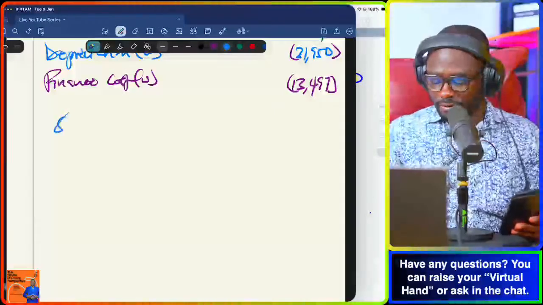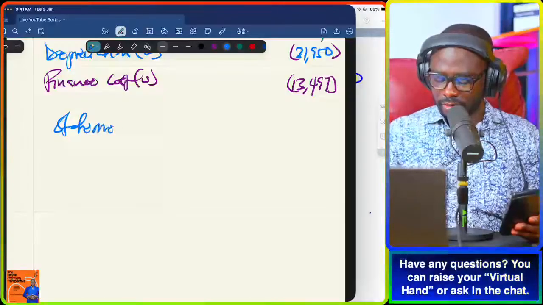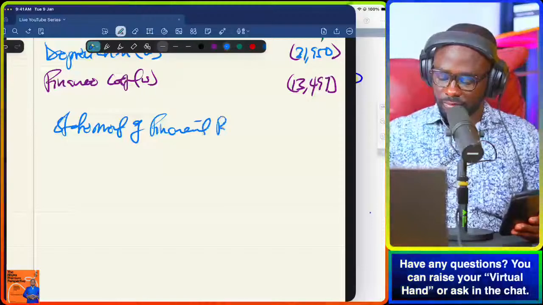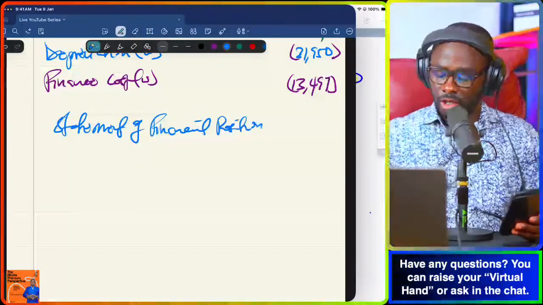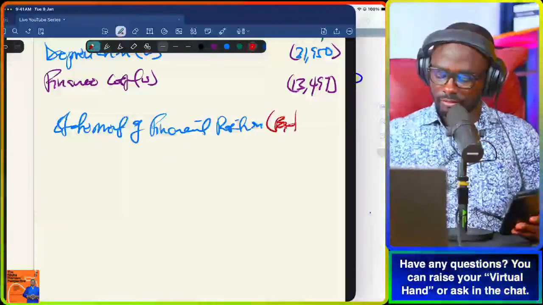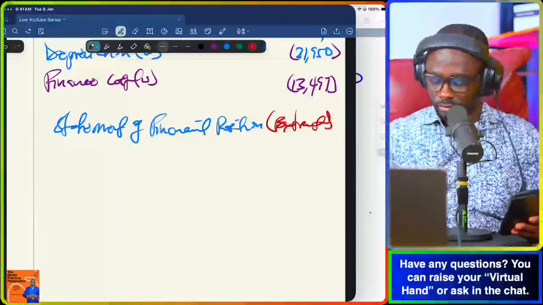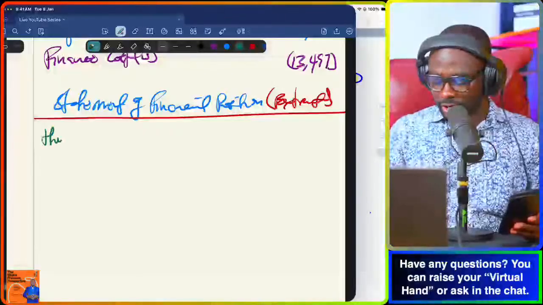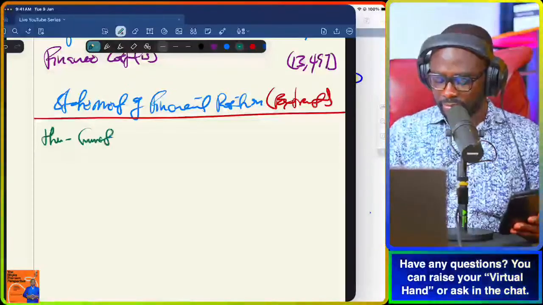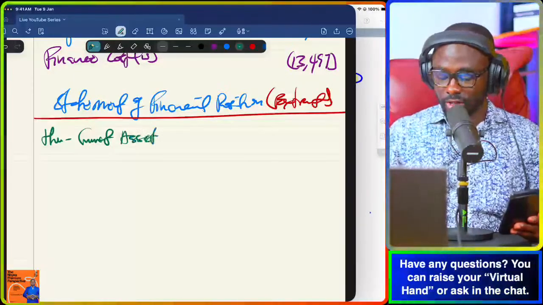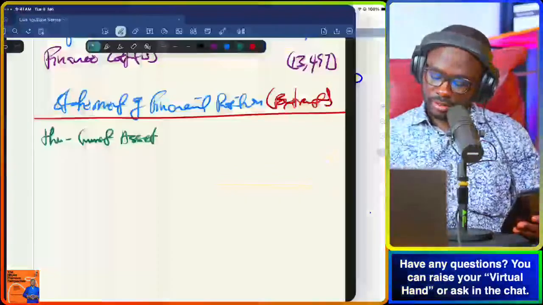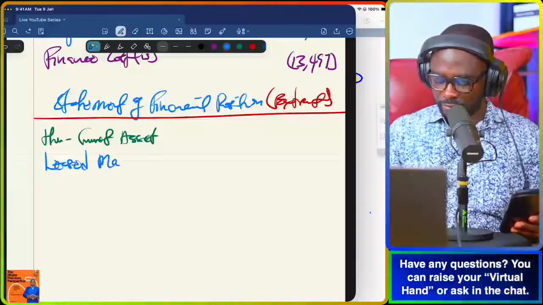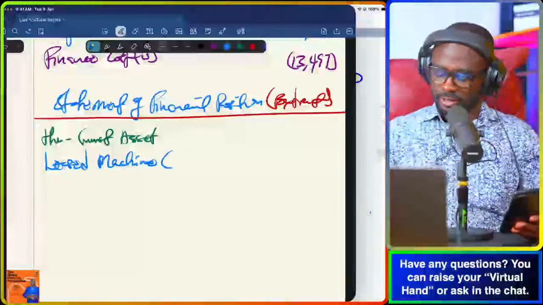Then in the statement of financial position, also an extract, we would look like this. Under non-current asset, we will have the leased machine, or if you want, right of use asset.